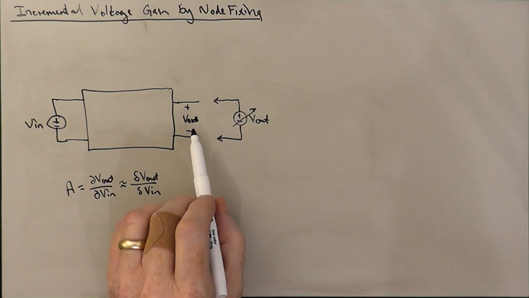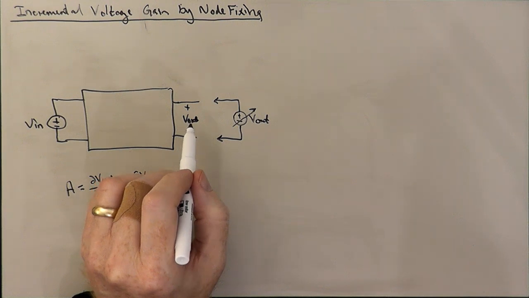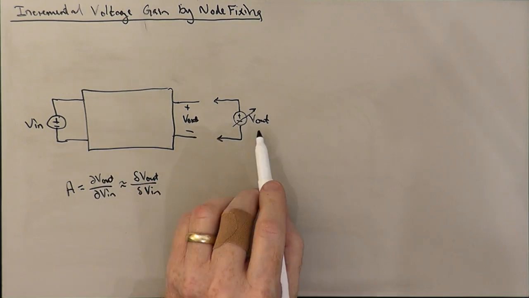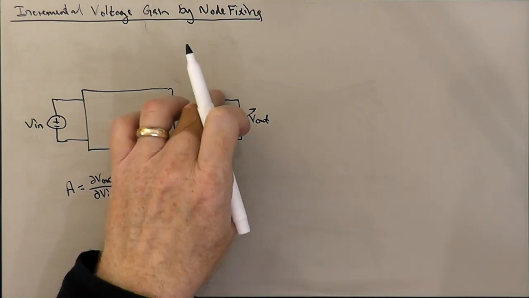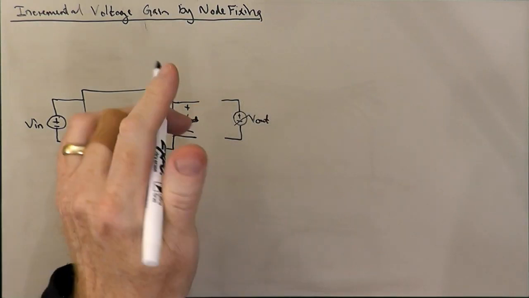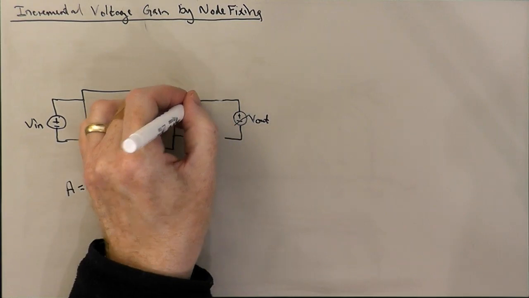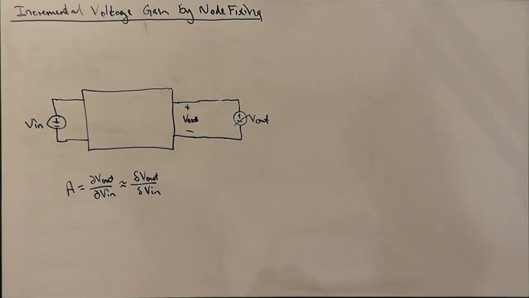Okay, so we've measured this with an ideal voltage meter. We've recorded its value exactly, and we've dialed this voltage source's value to match it precisely, so that when we attach our output voltage source, there is no current flowing out of the circuit.